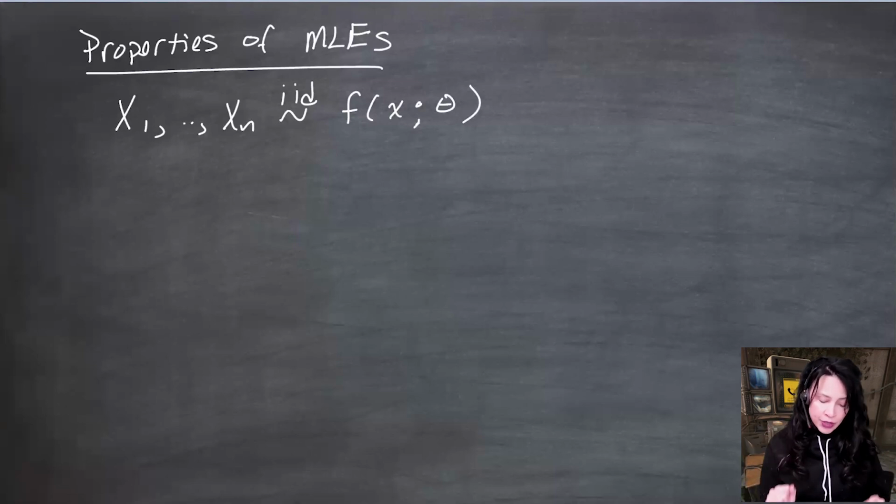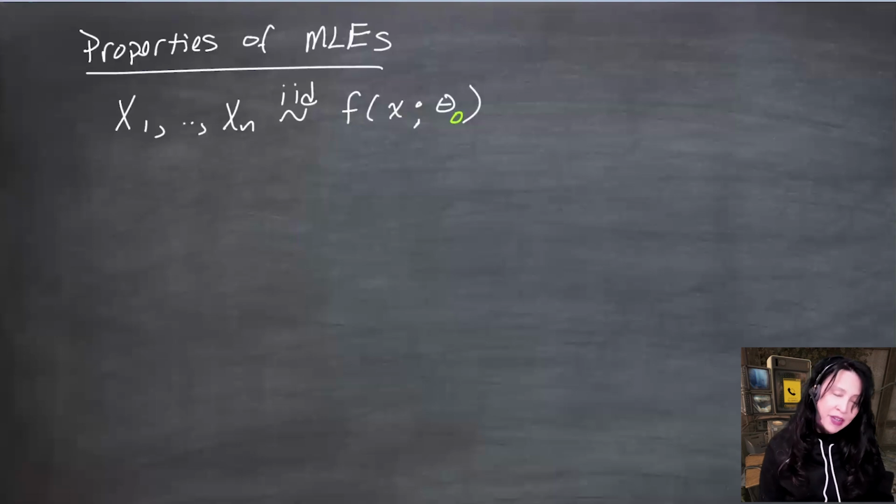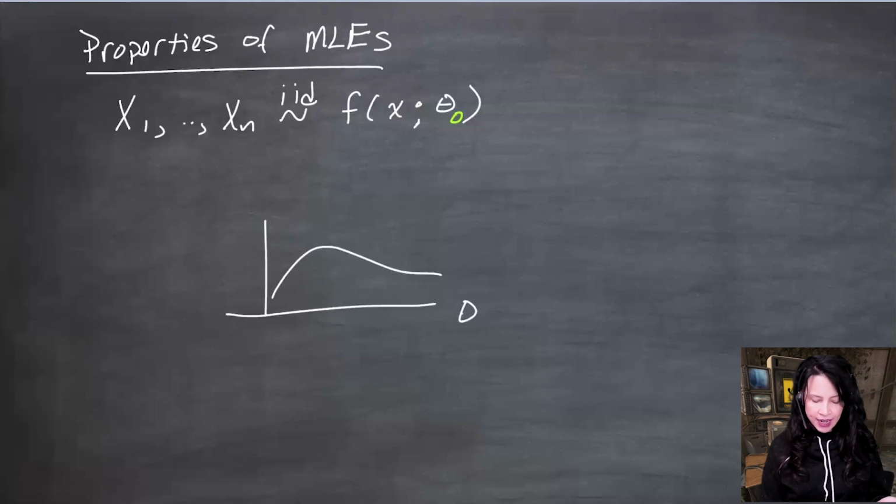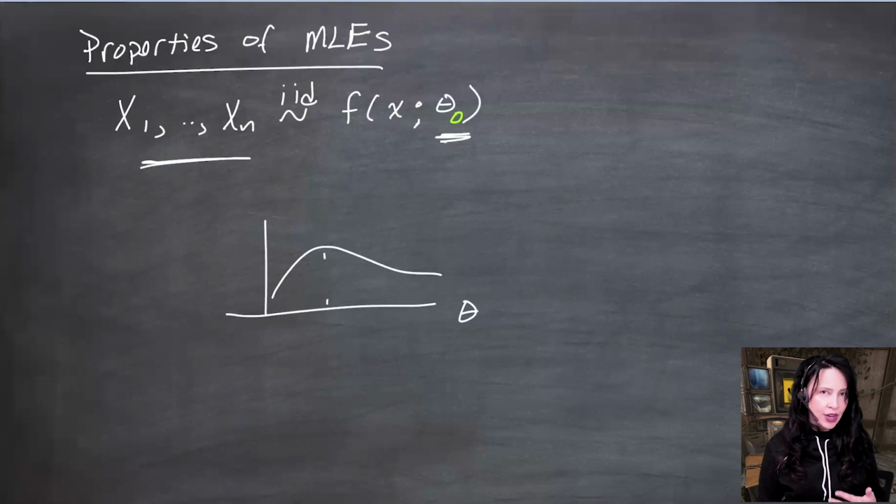The change of notation is that I am going to change theta out for a theta naught. Why am I doing this? We are going to be working with likelihoods and log likelihoods, and these are functions of theta, and they're maximized at MLEs, and theta is moving around. But there is one parameter that was there behind the scenes for generating the data that we're trying to estimate.